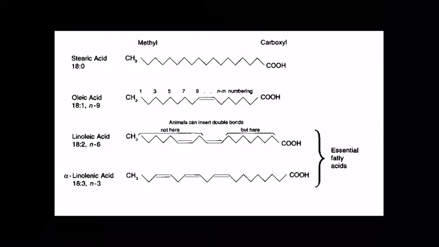It has 3 places where it has double bonds, so that's the 18:3, and then it has N3 there, which means it's an omega 3 fatty acid, which means the first double covalent bond is on the number 3 carbon. It's showing that those are both essential fatty acids, which means, just like with amino acids, our body cannot manufacture them. We need to take them in through the food we eat.